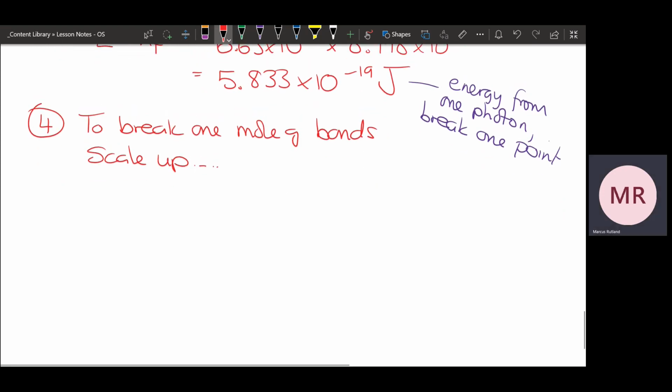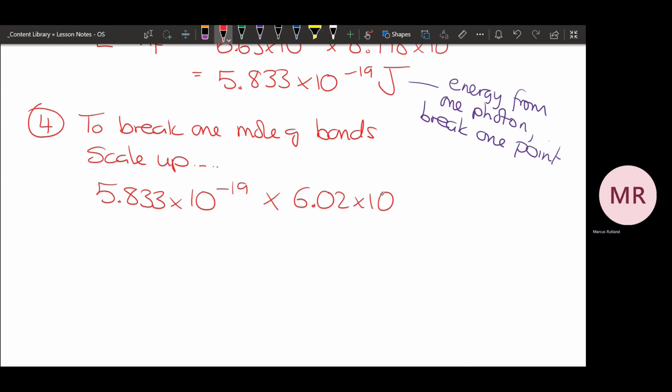And that means we're going to take the energy required to break 1 bond and we're going to multiply by how many bonds there are in a mole, 6.02 times 10 to the 23. So times 6.02, and that's coming out as 351,137.